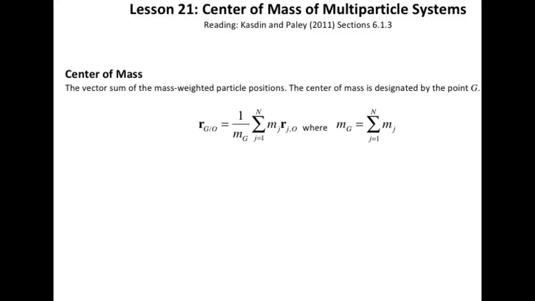Now notice in this equation that we've defined our position vector relative to a point that's fixed within the inertial reference frame. Now, if we decided that we wanted to define our position vector as the location of each particle relative to the center of mass, so essentially saying that this part here would be r_j with respect to G, then what we get is actually a pretty important result.